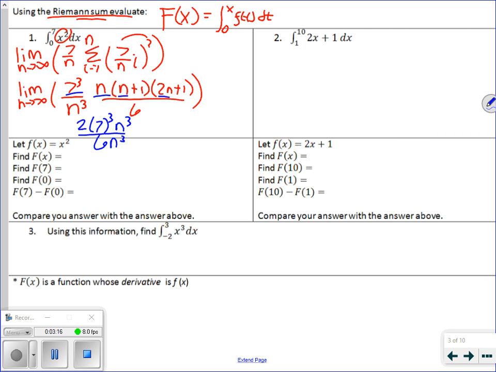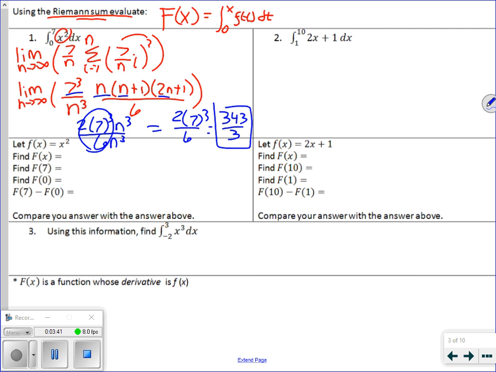So my area is just 2 times 7 cubed over 6, which when plugged in the calculator is 343 over 3 units squared. Okay, so that's the area underneath the curve from 0 to 7 of x squared. And that's using the definition of Riemann sum.